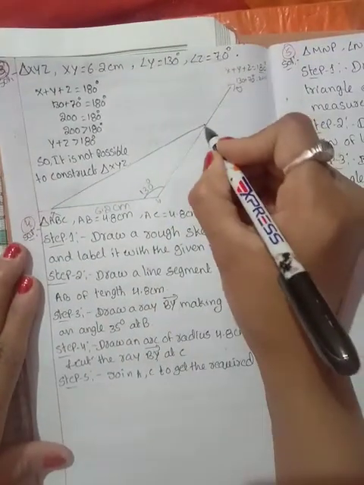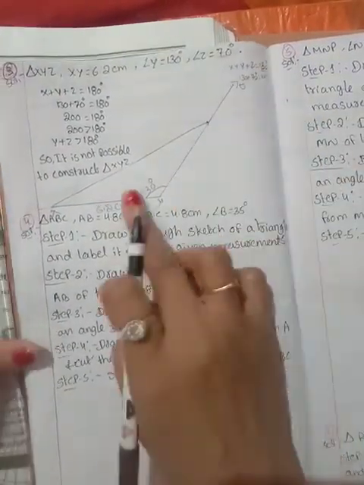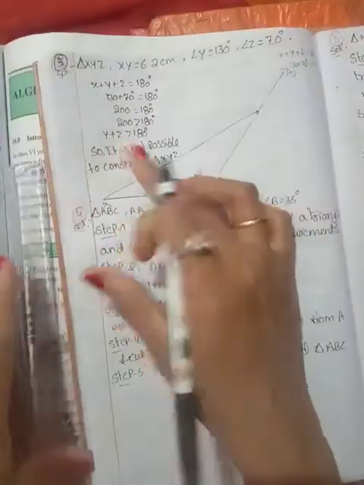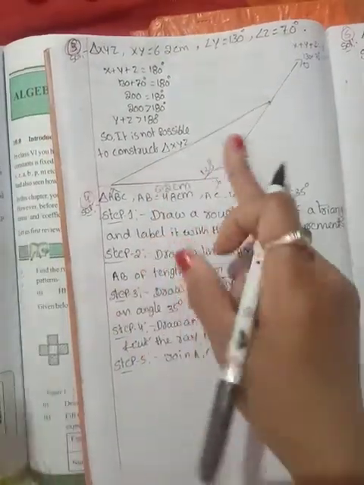Don't draw the other angle, and don't write it. So it is not possible, because the sum of the two angles is greater than 180 degrees. This is the solution of the problem without steps.